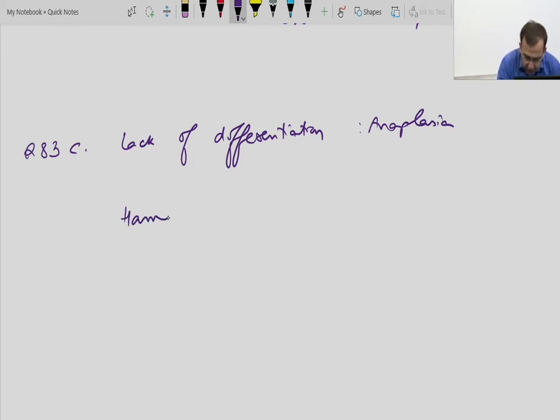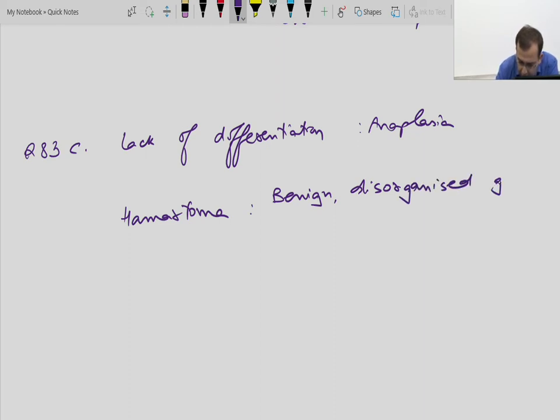Another two terms that are commonly asked are hamartoma and choristoma. Hamartoma is a benign disorganized growth indigenous to the site.